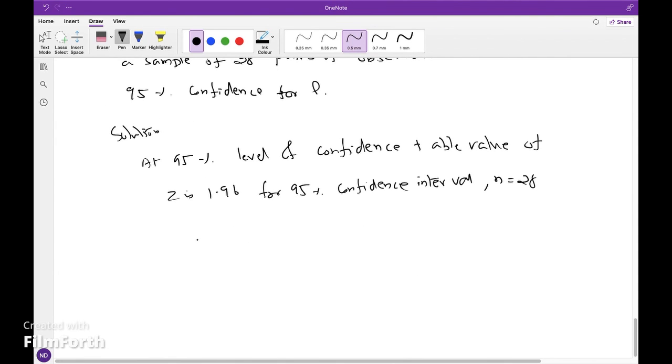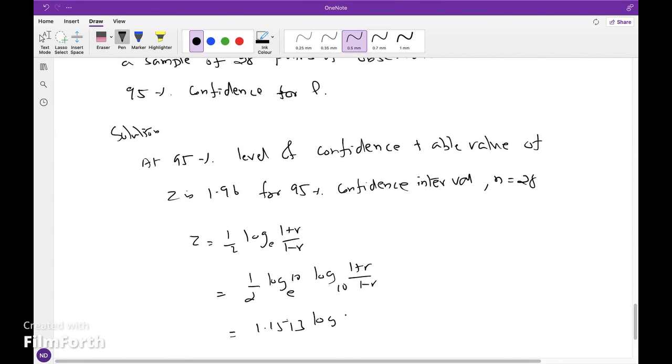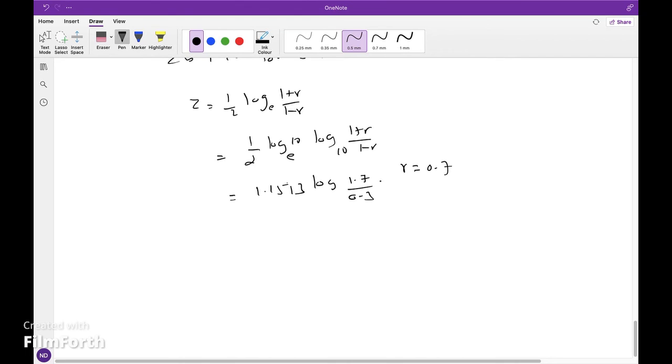So z equal to 1/2 log base e (1 + r)/(1 - r). This value is equal to 1.1513 into log of 1.7 divided by 0.3, because r is equal to 0.7. So this value is equal to 0.87.